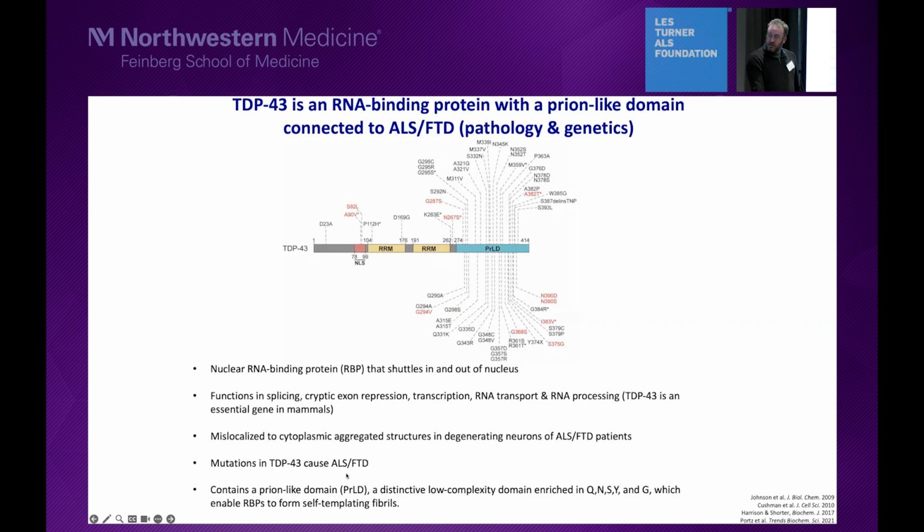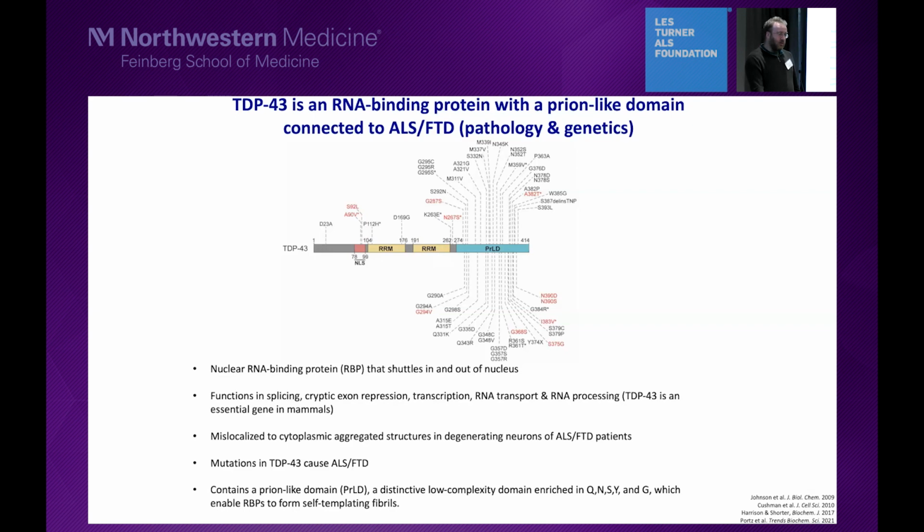Now, interestingly, almost all of the disease-associated mutations cluster in this region of the protein that we call a prion-like domain, which is a very unusual low complexity domain that is enriched for only a few amino acids. So we typically only find uncharged polar amino acids like glutamine, asparagine, tyrosine, and serine in this domain. And then aside from that, the only other amino acid that we see very much of is glycine.